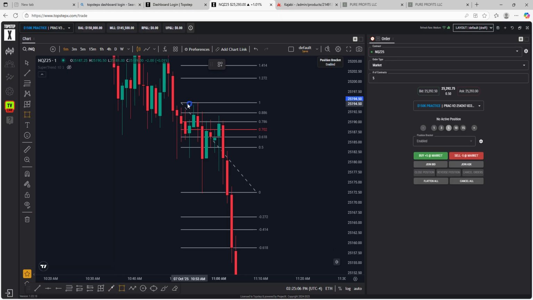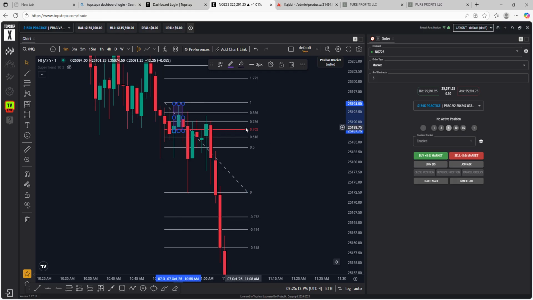Boom. Right, last up candle before the down move for my sells. See, it's in my zone. Let's go ahead and highlight that as well.